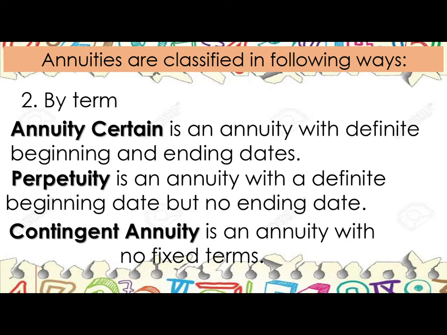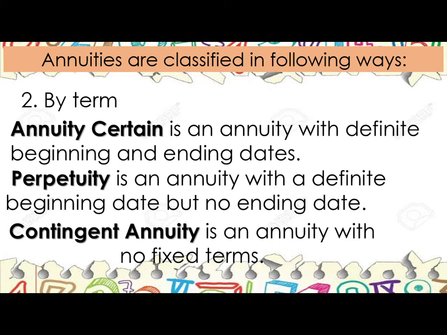And when we say contingent annuity, this is very simple. It's an annuity with no fixed terms. So there's no fixed beginning date or ending date. A typical example of contingent annuities is the death insurance plan. Very obvious, right?